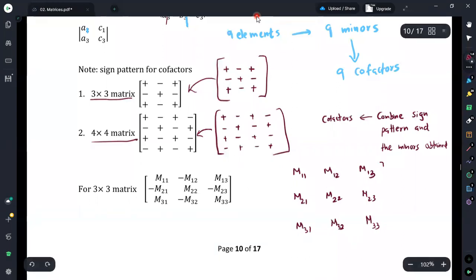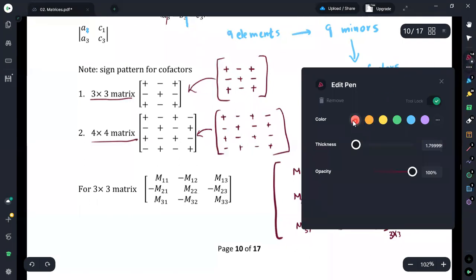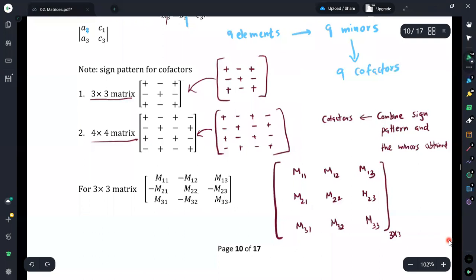Since this is a 3 by 3 matrix, we can use the sign pattern which is suitable for 3 by 3. Now I can write down the sign pattern.